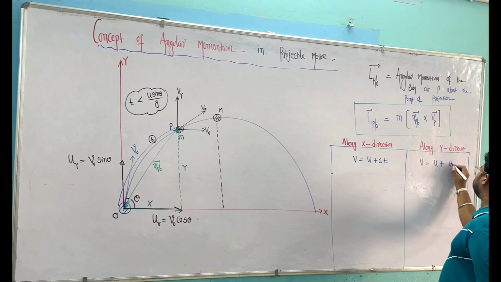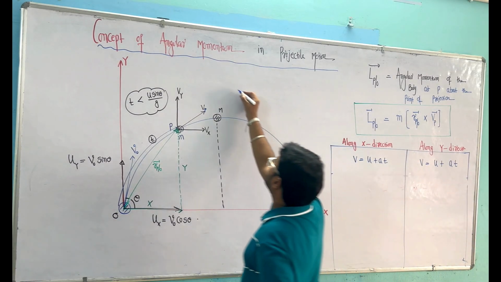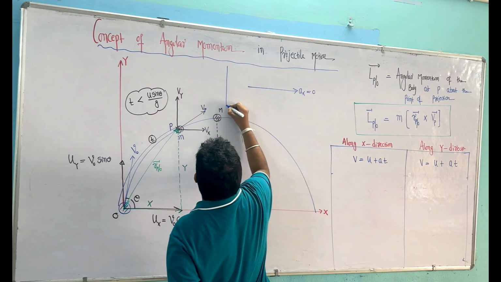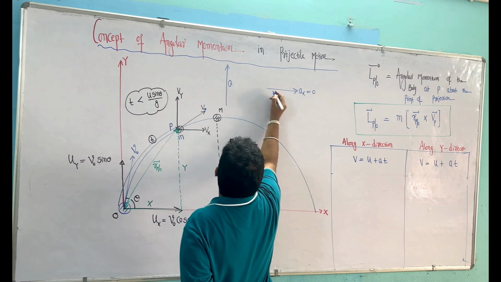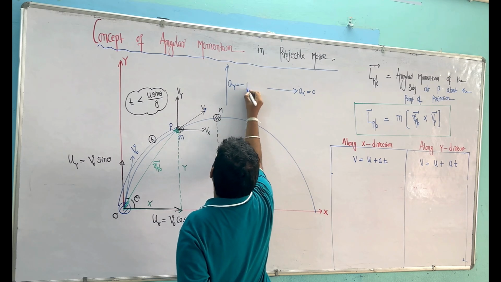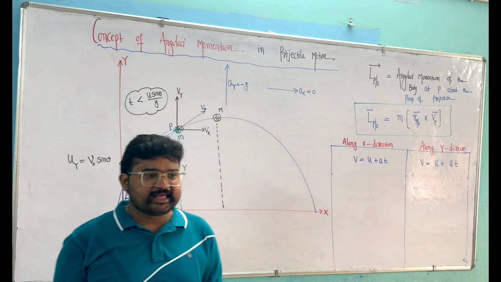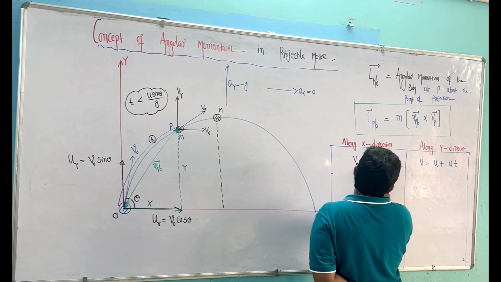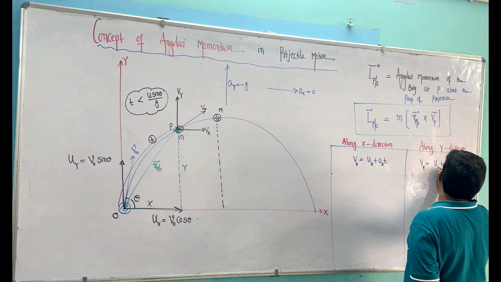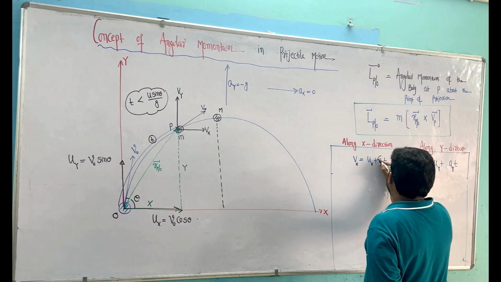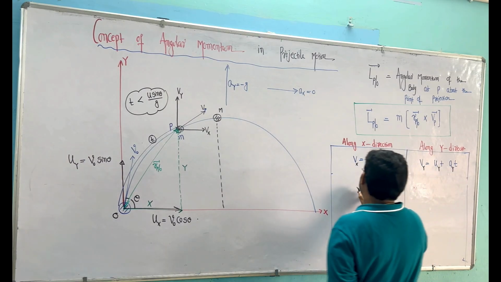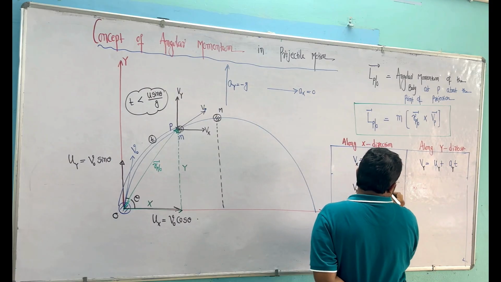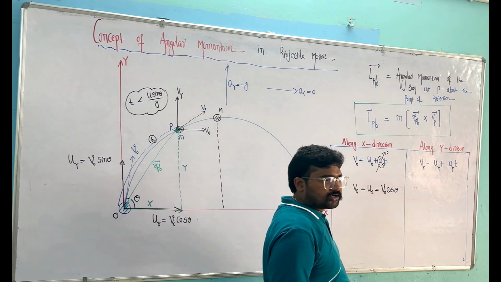So we already know that ax is equal to 0 and ay is equal to minus g. Do you know that or not? Now tell me, along the x direction and along the y direction. Here ax is 0, so Vx is equal to ux, which is V naught cos theta.